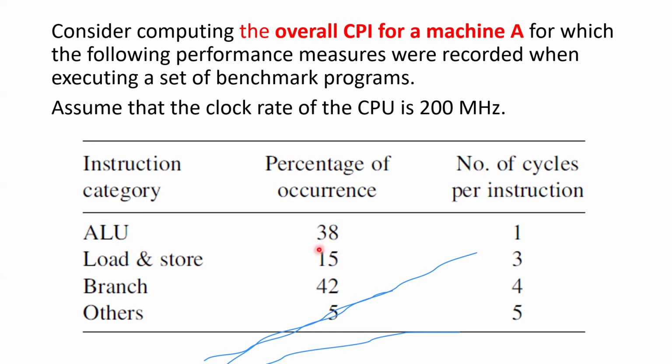So for each of the 38% times in which it happened, it was done once. The number of instruction cycles: one cycle, then it is done. For the load and store, it took 3 cycles before it was done, and it occurred around 15% of the time. For branching, it occurred 42% of the time, and the number of cycles needed to do branching was 4. For others, we have 5 here, and the number of cycles used was 5.